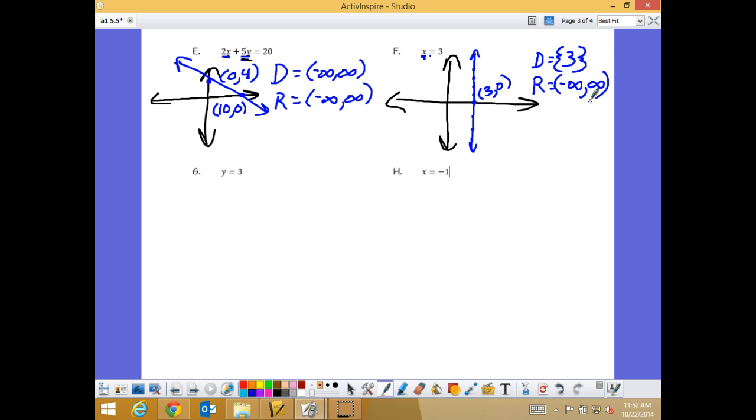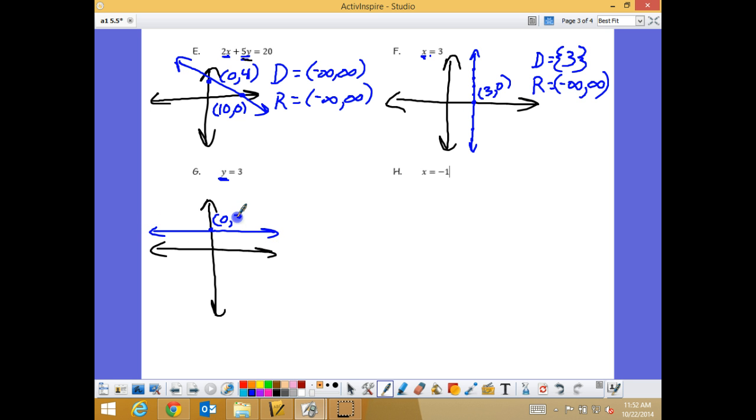Now in G, the only variable we have is y. So that means that the only axis it crosses is the y-axis. It does not cross the x-axis, so therefore it is a horizontal line that would cross the y-axis at 3.